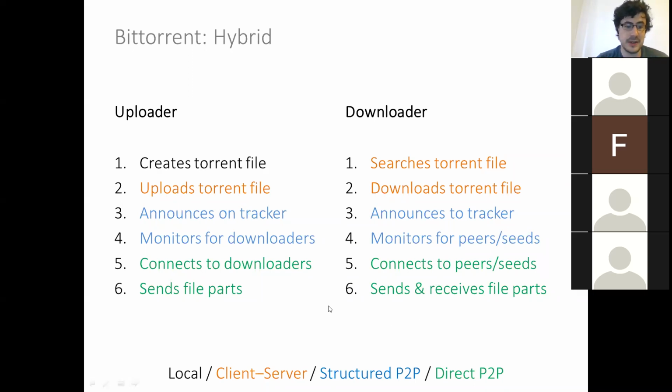So the other thing to mention is you're not only downloading, but as you download and complete a block of data, you can also share that with other peers. And here we see the different categorizations: this can be considered client server, this can be considered structured peer-to-peer if a distributed hash table is being used at least, and this is a more direct peer-to-peer where you're just contacting peers that have the data or need the data directly.